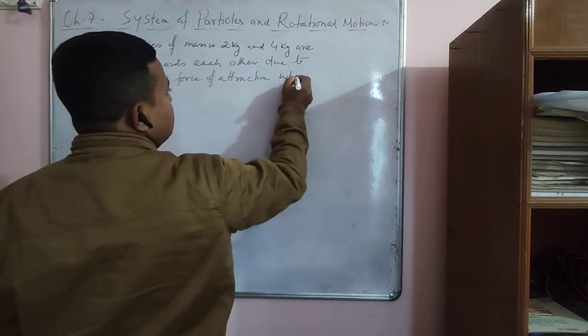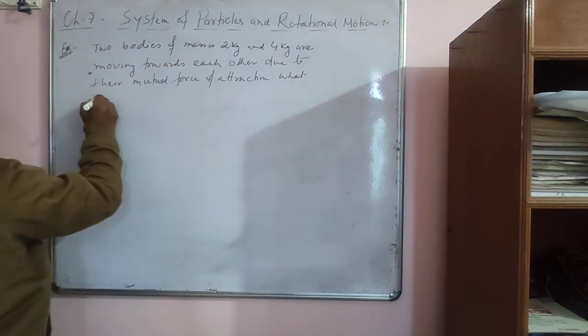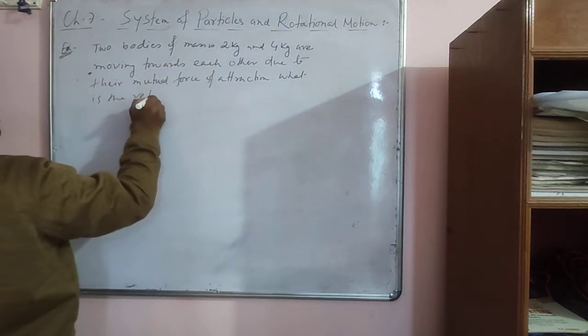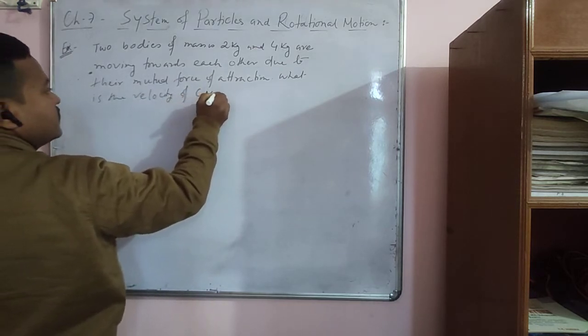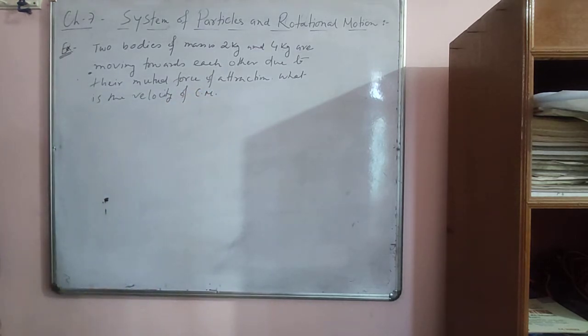What is the velocity of center of mass? Okay, two bodies of masses 2 kg and 4 kg are moving towards each other due to their mutual force of attraction. What is the velocity of center of mass?